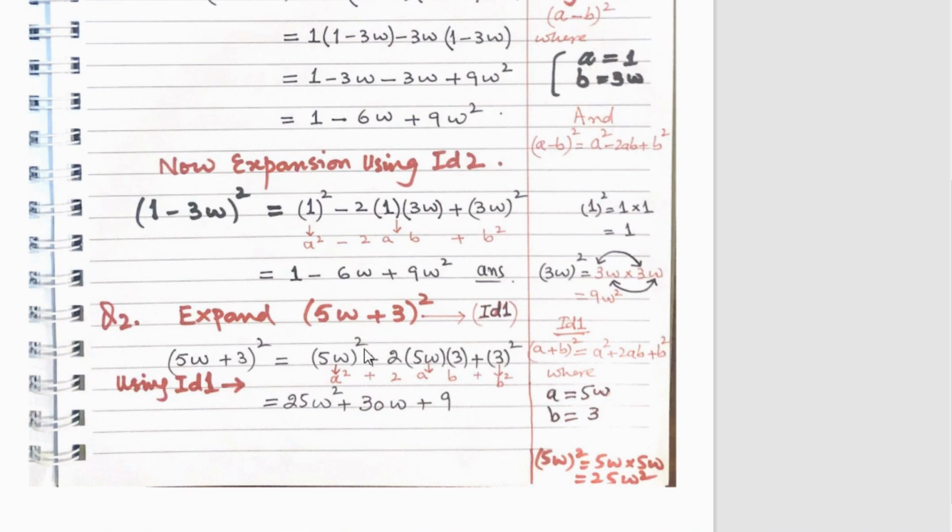In these questions, the instruction is: expand this given term using identities. Here we used ID 2, here we used ID 1. This will give you full marks. This is a two-step question only. So never go with the layman process.